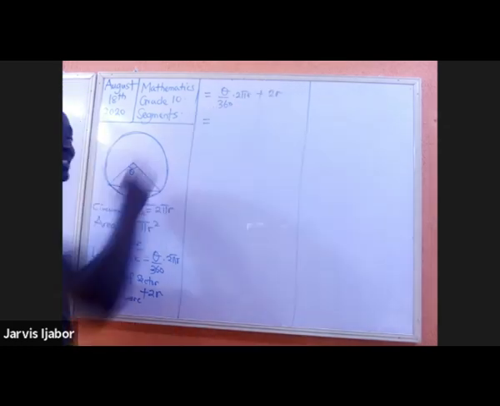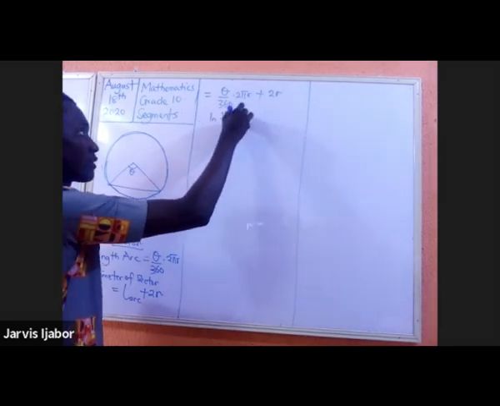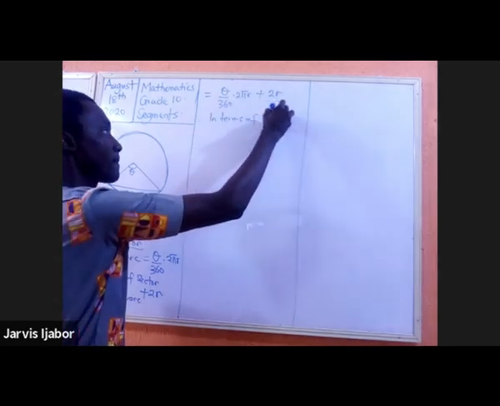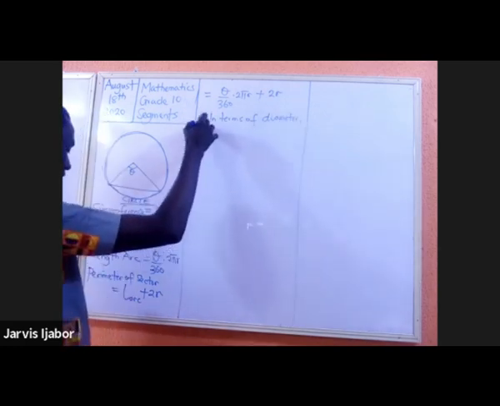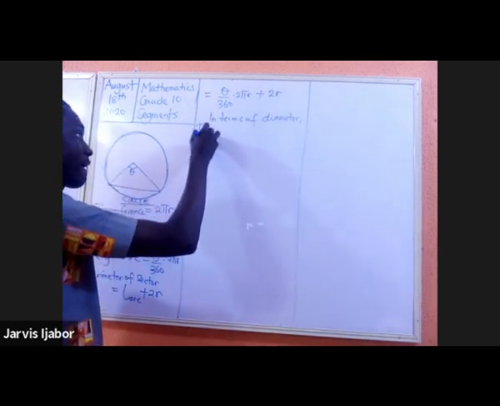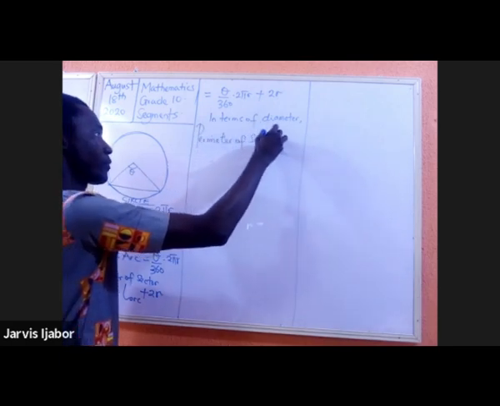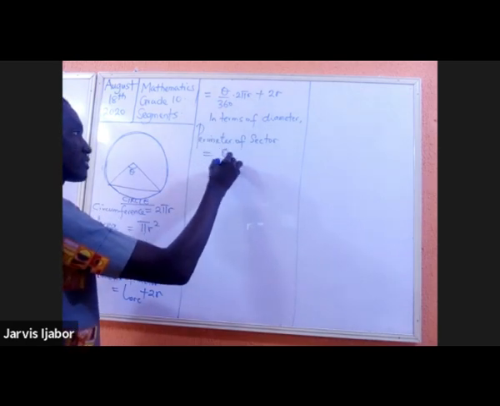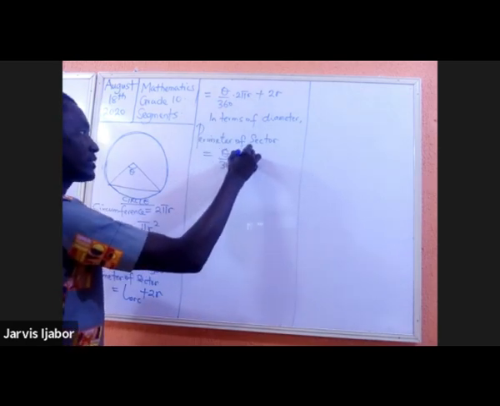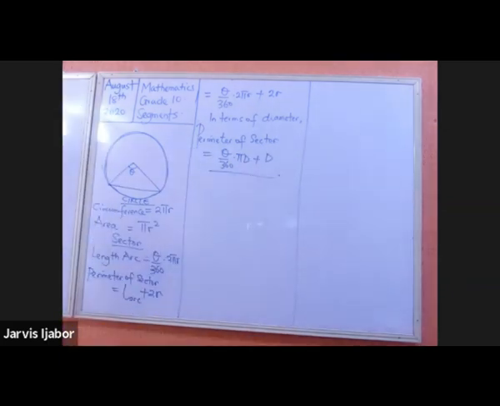We can also write it in terms of diameter: the perimeter of the sector will be theta over 360 times pi d plus d. So that's the perimeter of the sector.